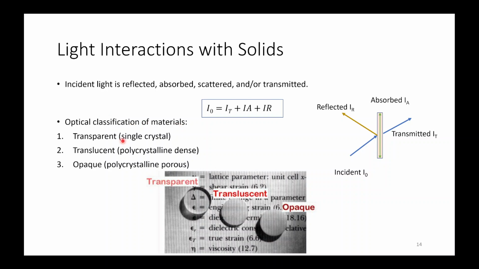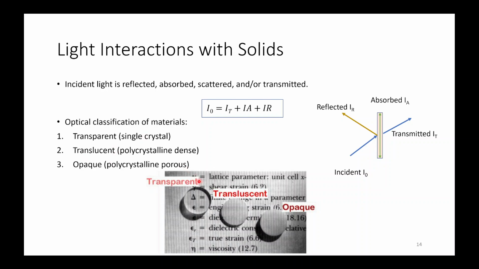Now, optical classification of materials. Materials can be of three types: transparent, translucent, or opaque. An example of transparent is a single crystal, which is more likely to be transparent, because grain boundaries and the defects that are present in other materials don't let the ray go through the material.